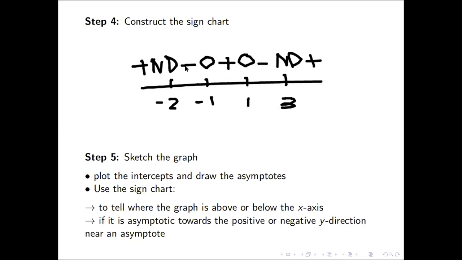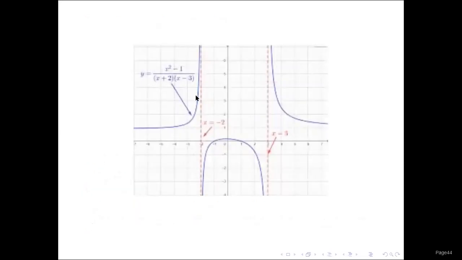And to the right, asymptotic towards the negative y direction, negative infinity. So if you look at the graph, we see here that the graph is asymptotic to this asymptote, x equals -2, towards the positive direction, and to the right, towards the negative direction.